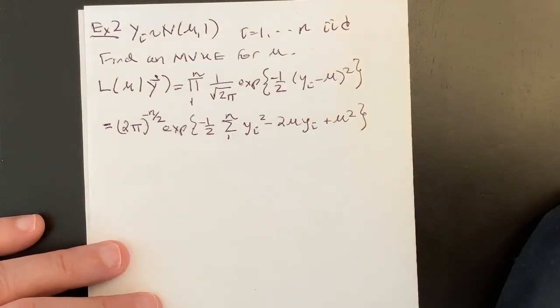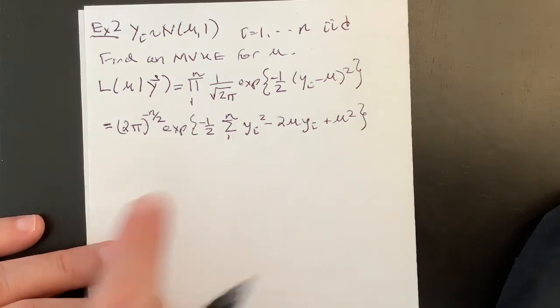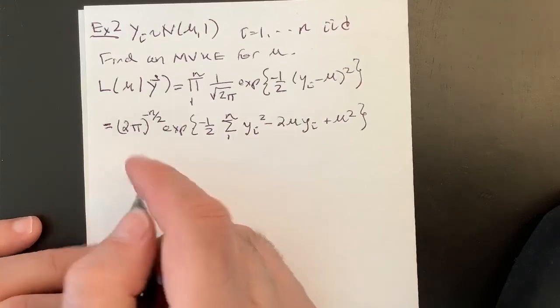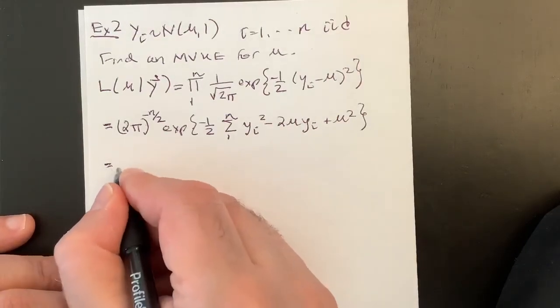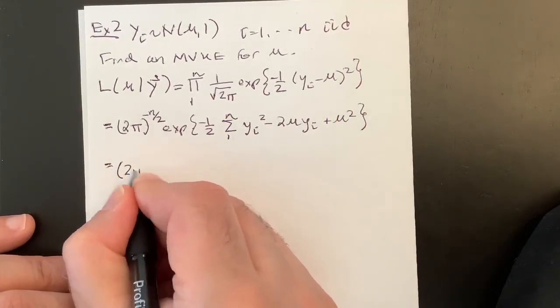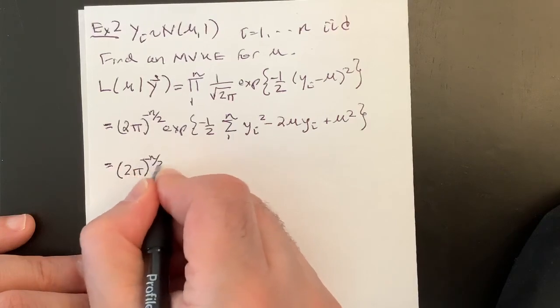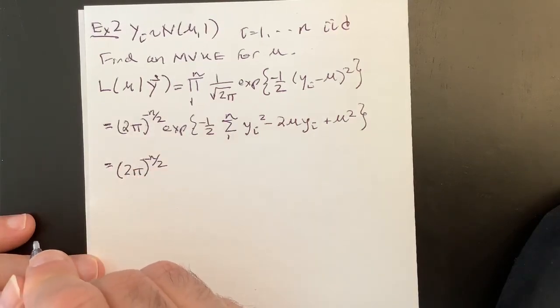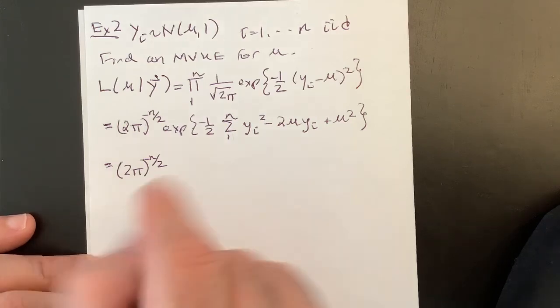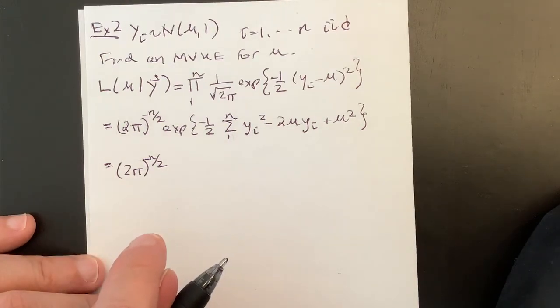Looks promising. Let's now break this into 2 pieces. And by the way, notice no indicator functions because this is defined on the real numbers.